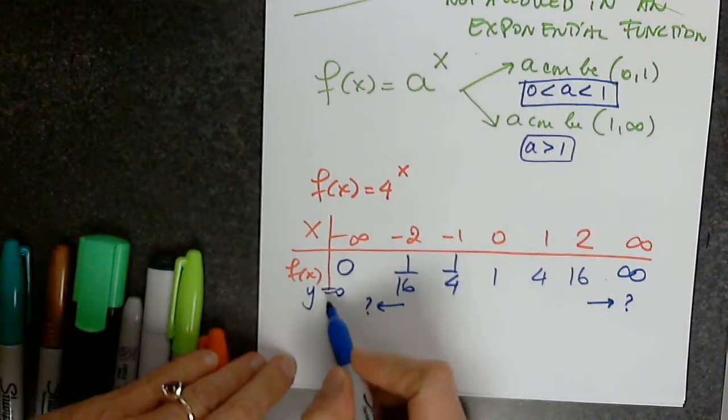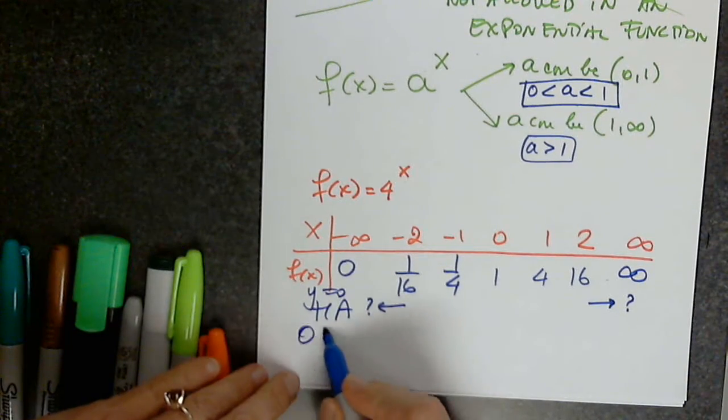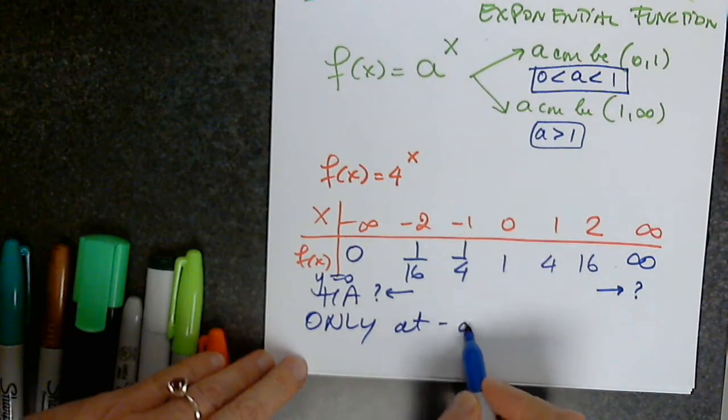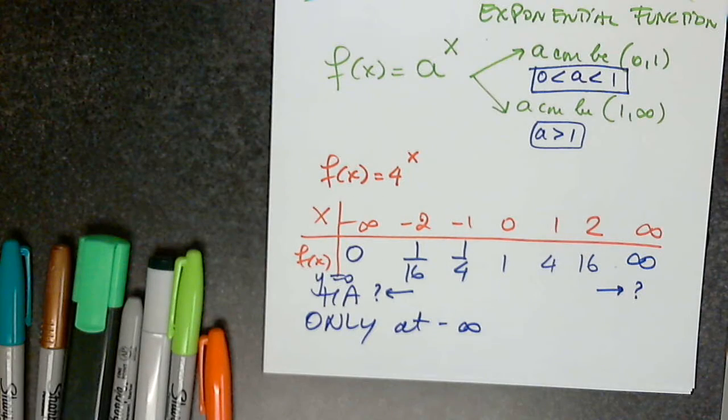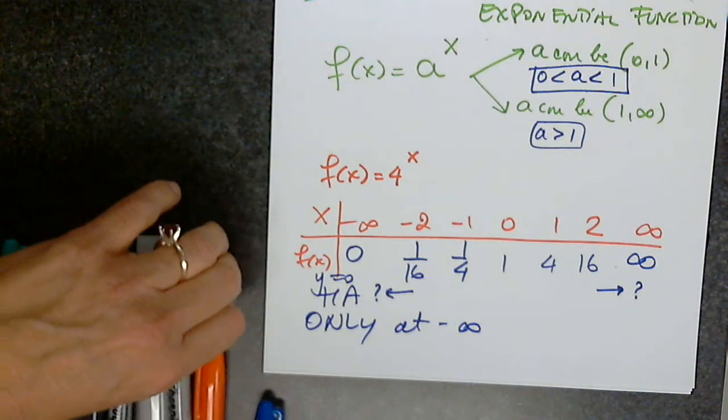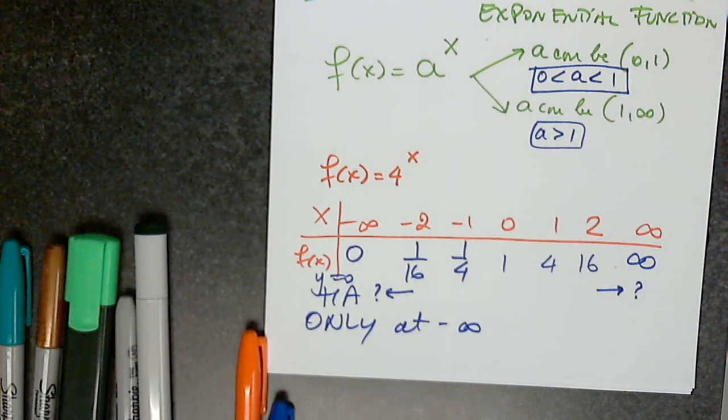So y equals 0, horizontal asymptote only at -infinity. We have not seen something like this before. The function either had a slant or had a horizontal asymptote at both sides, right? We have not seen a horizontal asymptote only on one side. Nope, you'll see in a moment.